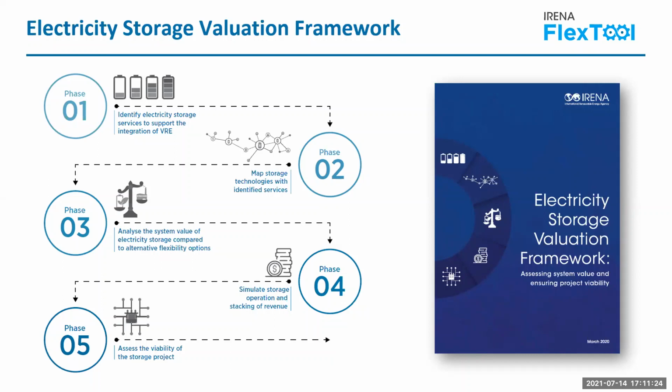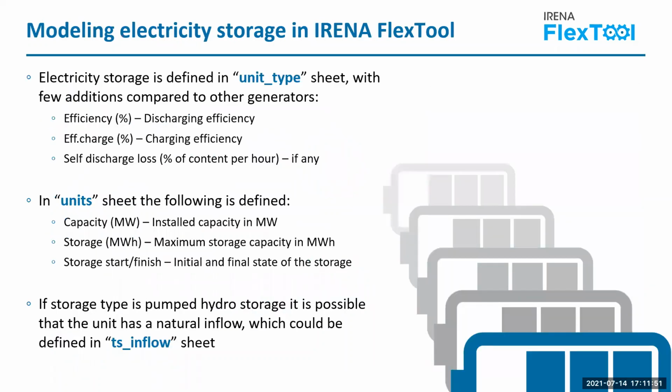Finally, the last phase would be at the project level already. For instance, there may be a case where the benefits to the system of a specific storage project exceed costs, but the project revenues themselves are still not enough to cover these costs. So these two ideally should converge. That's what we try to bring with this report.